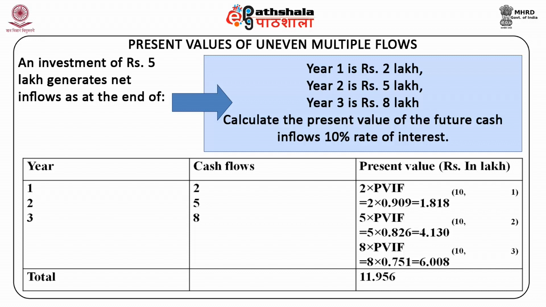The total of these three is 11.956. The present value of the investment is rupees 11.956 lakhs, which is more than the present value of cash outflow, which was rupees 5 lakhs. Thus, the project is said to be viable.